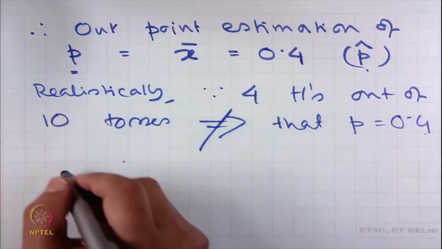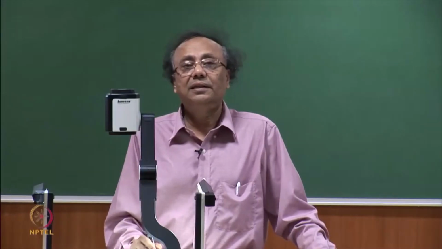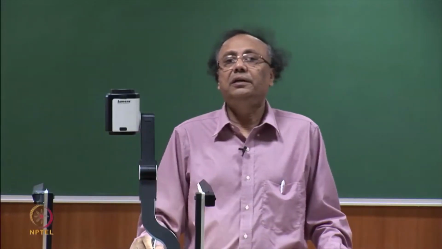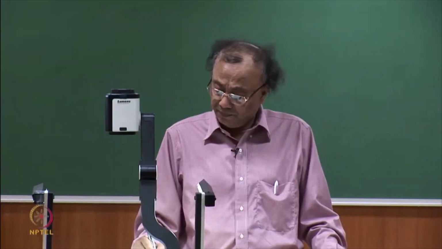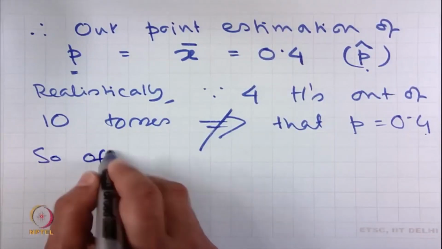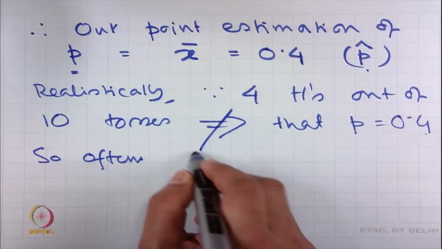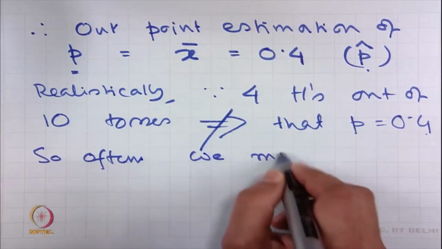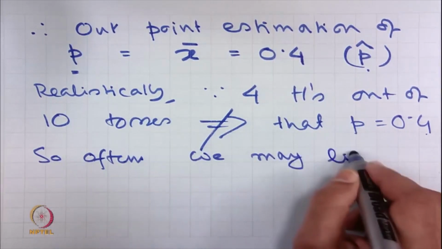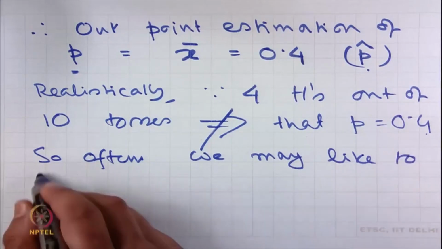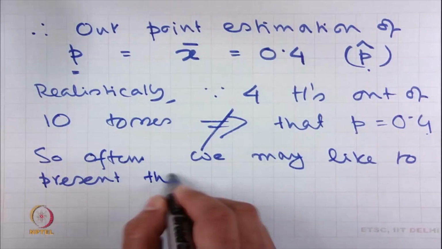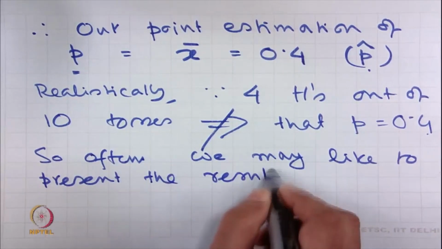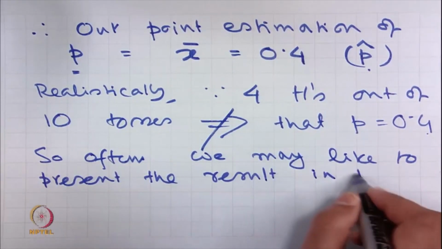In another set of experiments, you may get different values of p hat with the same coin. So, often we may like to present the result in the form of an interval.